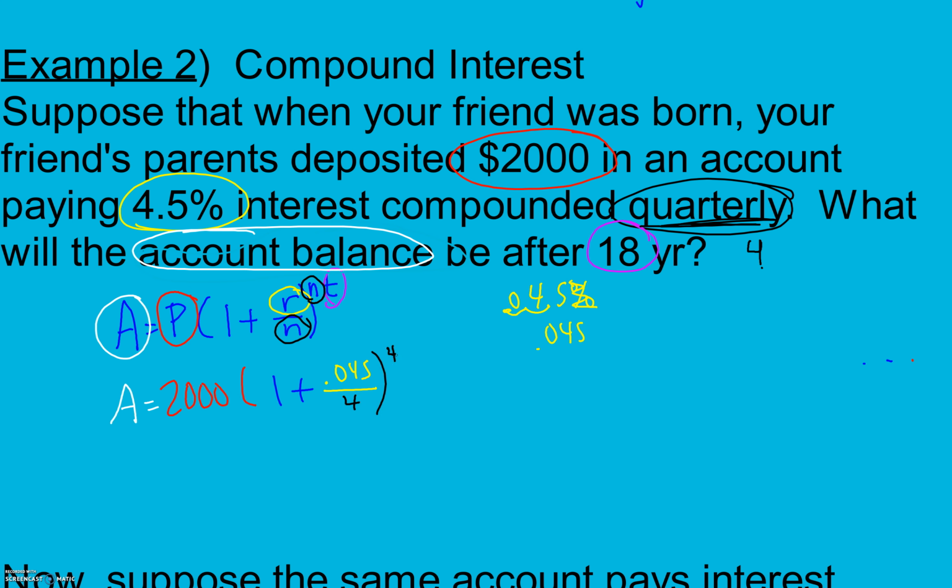And then I use that 4 in my exponent as well, because if I do it 4 times per year, I have to take how many times per year times the number of years. And that gives me the total amount of times that is compounded. And if I were you guys, I would go ahead and multiply that right away. Otherwise, when you type it in your calculator, you're going to have to put a parentheses here. And sometimes you're going to forget that and get the wrong answer.